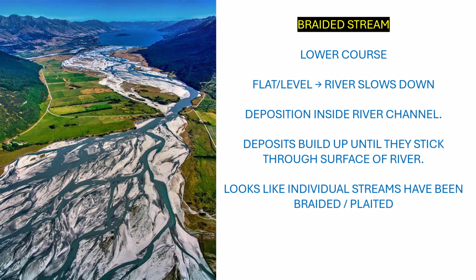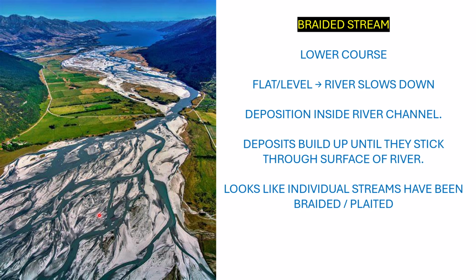The diagram shows an example of what is called a braided stream. Braided streams occur in the lower course of the river, where the river flows over a flat or a level gradient, and therefore the dominant fluvial process would be deposition. In this instance, the deposition happens inside the river channel. As the deposits build up inside the river channel, they stick through the surface of the river.